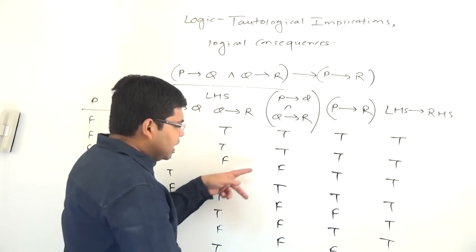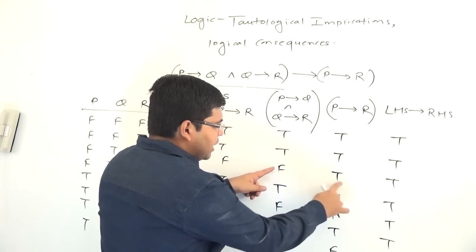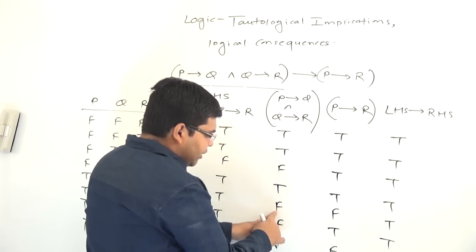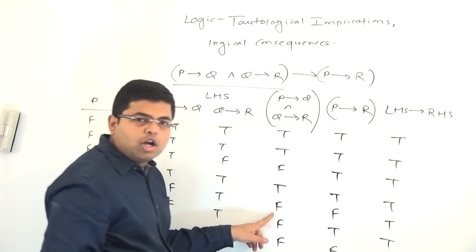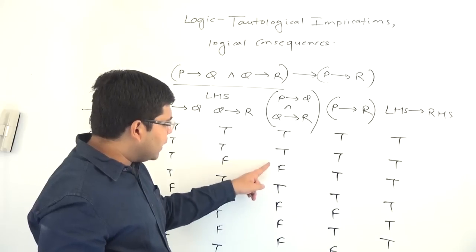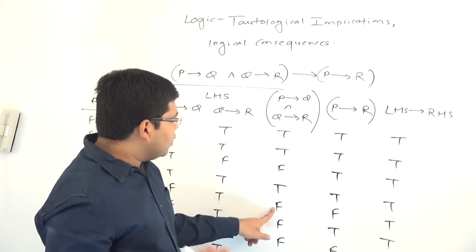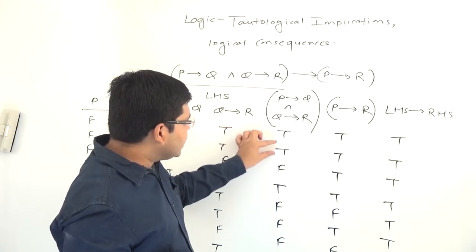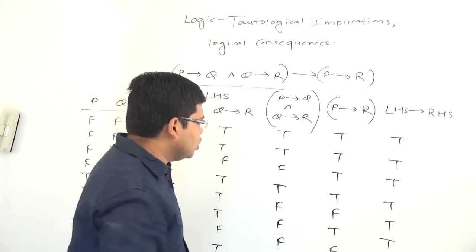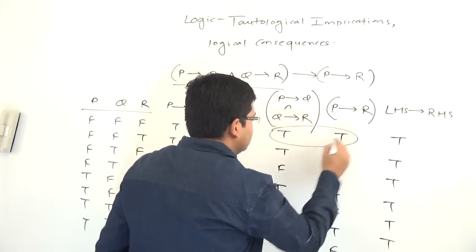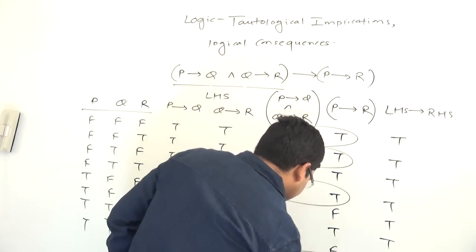And see, whenever the left hand side is false, for example here the left hand side is false, the right hand side is true. Here the left hand side is false and the right hand side is also false. But we are not worried about what happens when the left hand side is false. What we are worried about is that when the left hand side is true, the right hand side is also true. You can observe these cases: 1, 2, 3 and 4.